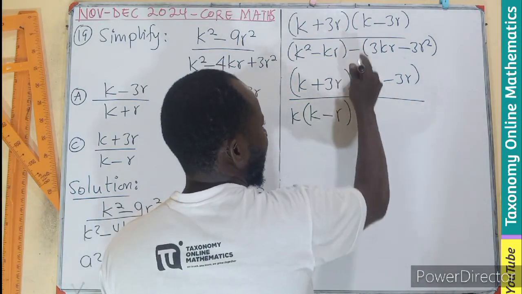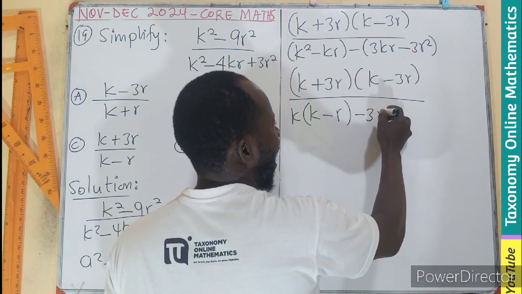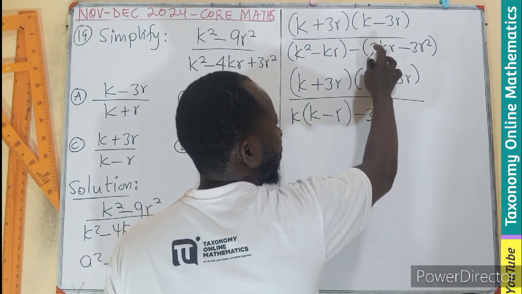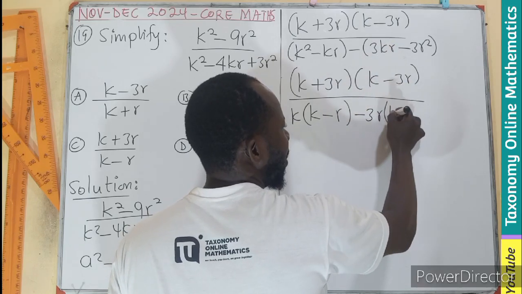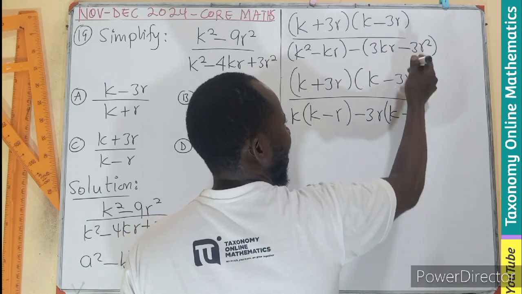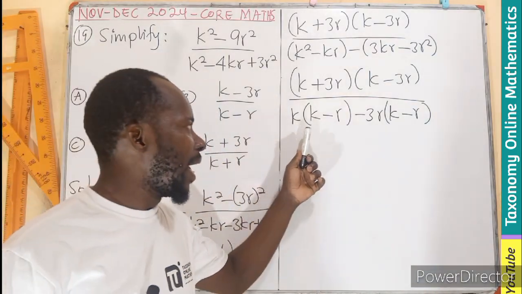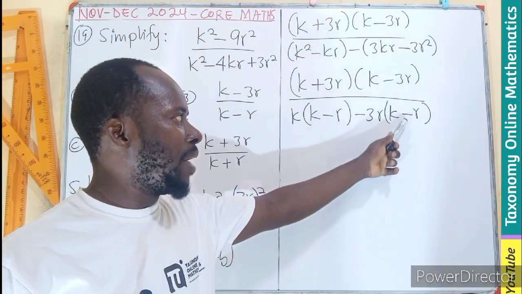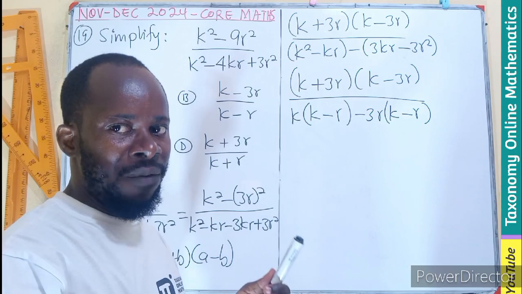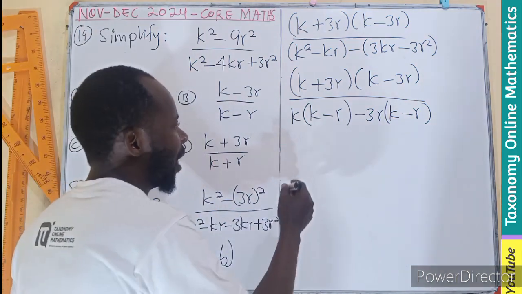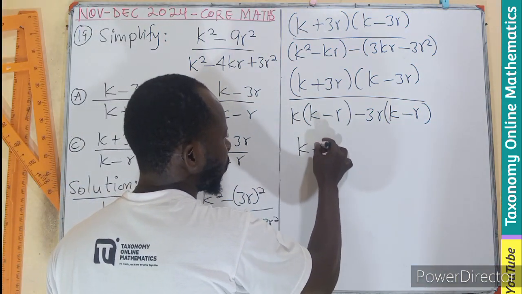So this is the minus 3r into bracket. Dividing this by 3r, k is left, minus r will be left in there. So in here, k minus r is also a common factor. So we can factorize that out, maintaining the top.